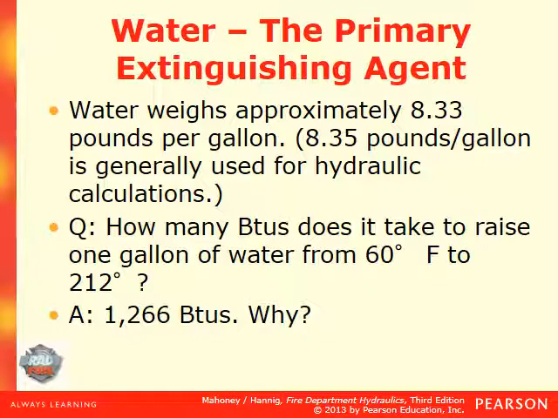So here's the question. How many BTUs does it take to raise 1 gallon of water from 60 degrees Fahrenheit to 212 degrees? And the answer is 1,266 BTUs. And that is because we're taking the weight of the water, which is 8.33, and we're multiplying it by our constant of 152. As we saw in previous slides, it takes 152 BTUs to raise 1 pound of water from a temperature of 60 degrees to 212 degrees Fahrenheit.